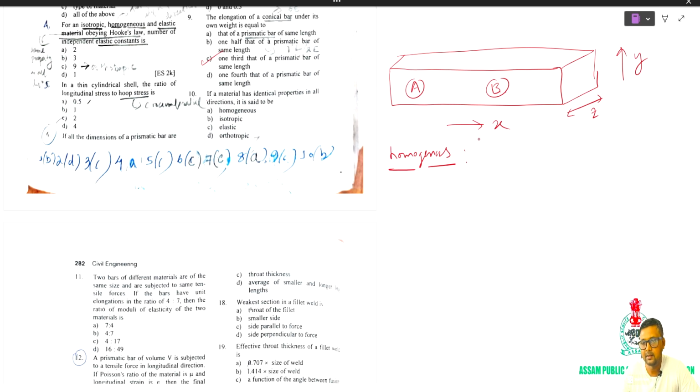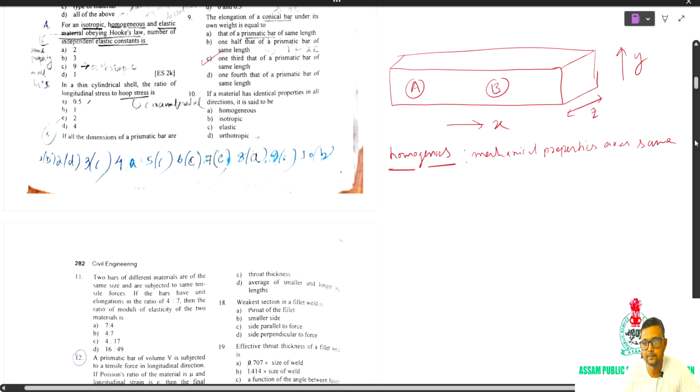That means in homogeneous material, mechanical properties are the same for the length.